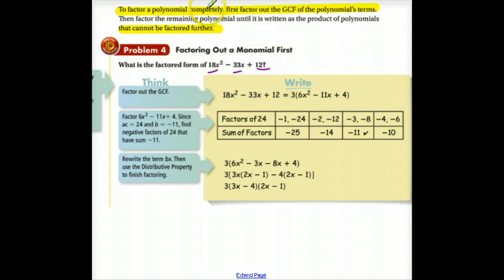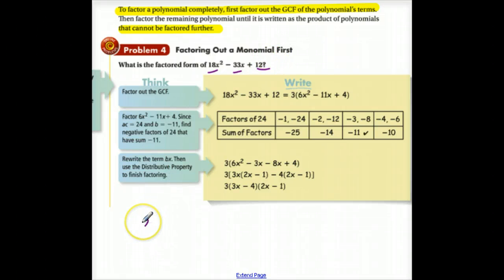So, what I mean by this, before we start looking at the product of A and C and the sum of B, what's the greatest common factor of 18, 33, and 12? Well, they're all divisible by 3.